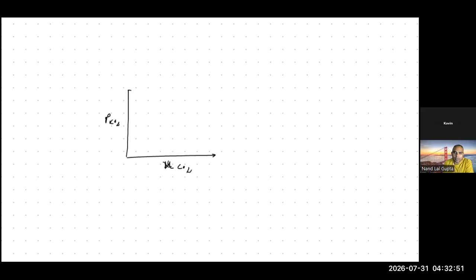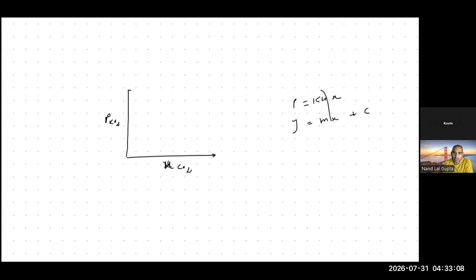P is equal to KH x. So Y is equal to mx plus c, right? So KH is the m, representing the slope.